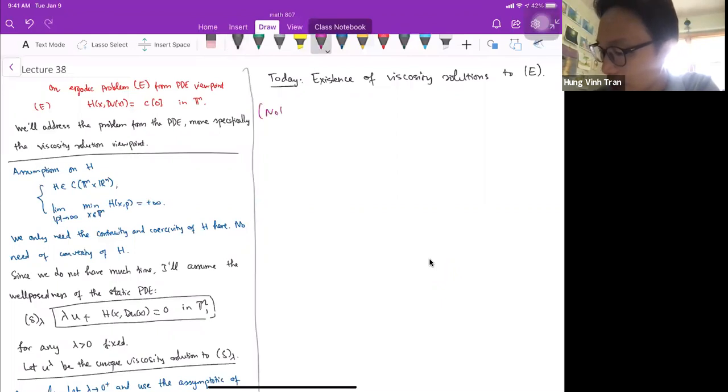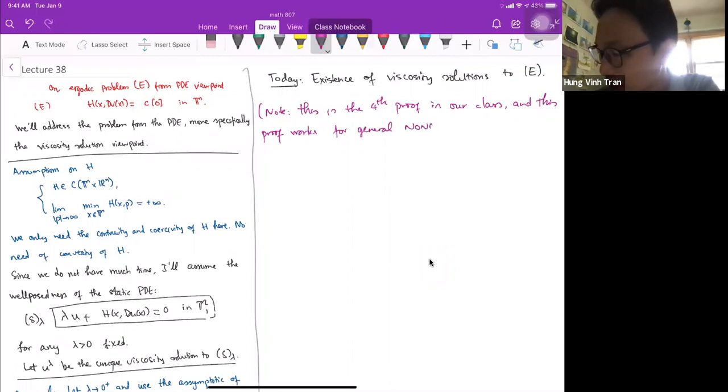Note that this is the fourth proof in our class, and this proof works for general non-convex Hamiltonians as well.